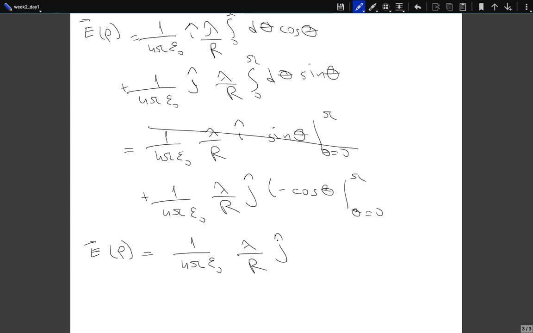Well, cosine of pi is minus 1 with another minus, that makes plus 1, minus cosine of 0 is 1 with another minus, so it's minus minus 1. So this is 2. So the electric field is 1 over epsilon 0 lambda over 2 pi r in the j direction.